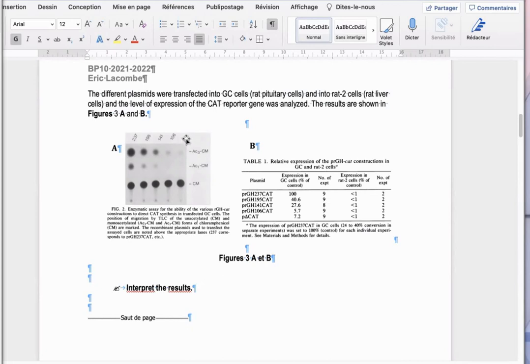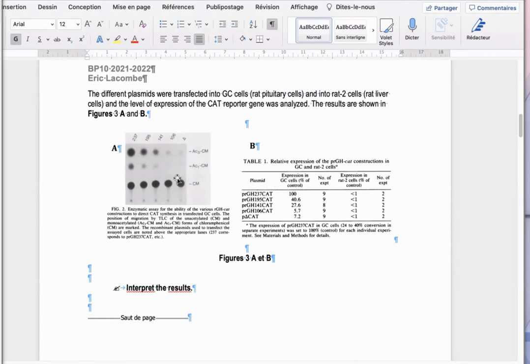So first of all, I will explain to you. What I did for this exercise is I copied and pasted the full picture of the paper. For the reporter activity, in the original paper, they put figure 2 and table 1.